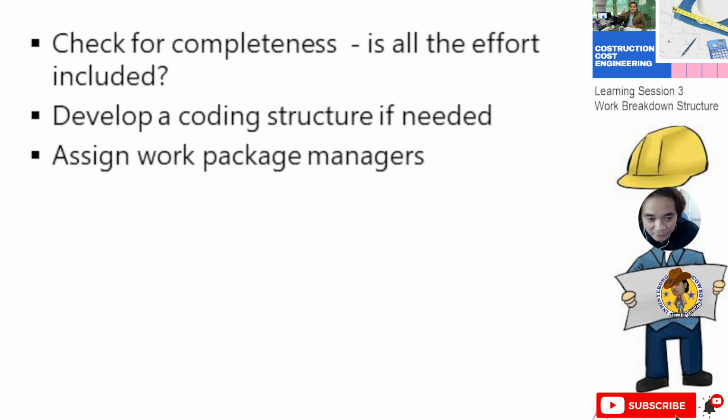Okay, that's the coding structure. The benefit of using that one is the collection of data, so it is easy to recollect the data or the documents. Then lastly, assign the package managers. Okay.